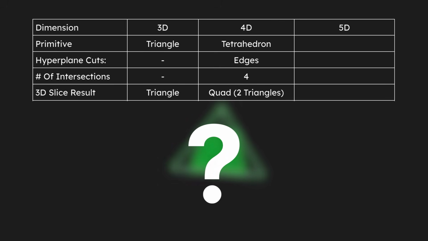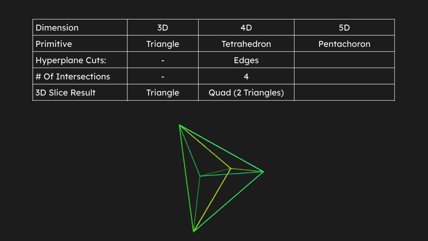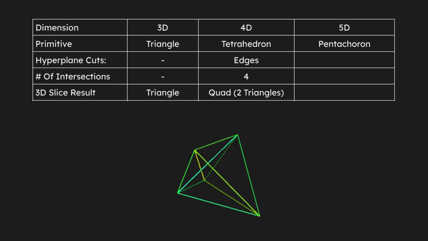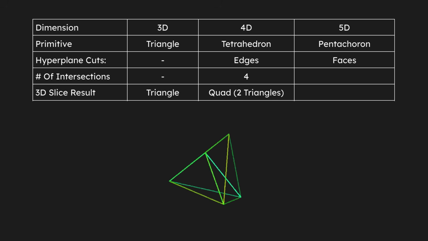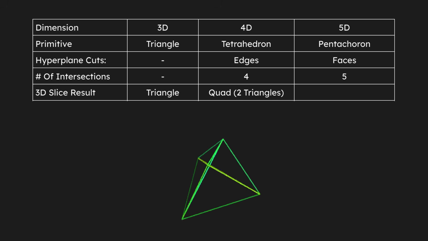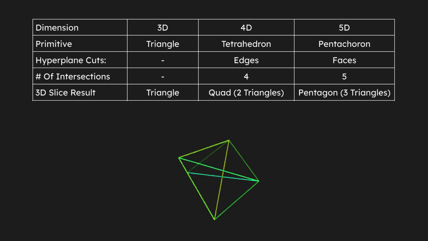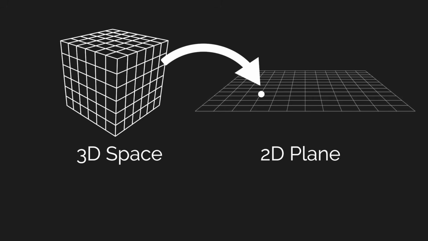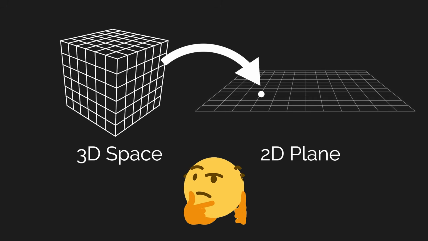But there's not really a similar way to show that for 5D. When you slice a 5D pentachoron with a 3D space or hyperplane, we intersect 2D faces to produce up to 5 intersections, which can render as 3 triangles. Yes, a 3D space intersects a 2D plane in a single point in 5D. It's really hard to wrap your head around.